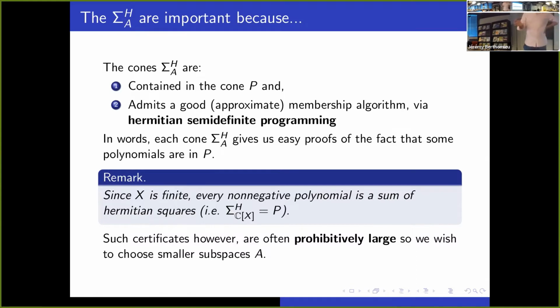Such certificates are very large, so we wish to choose smaller subspaces A to certify that a polynomial is non-negative.